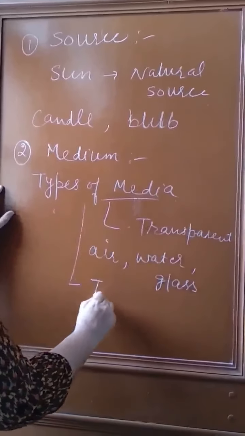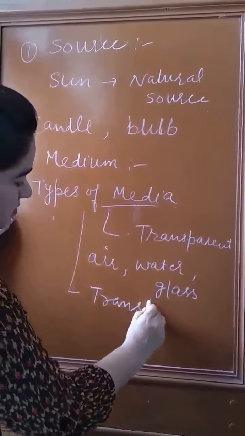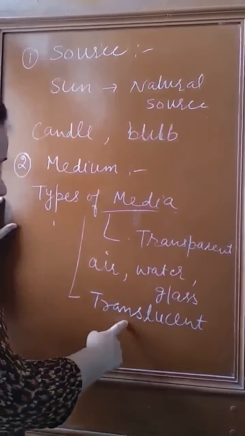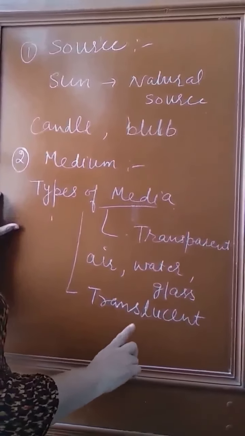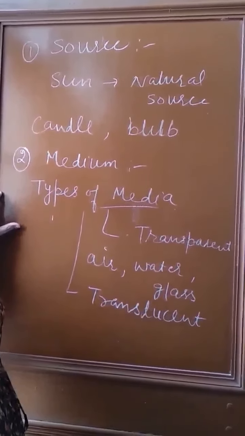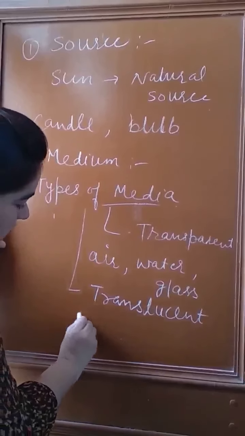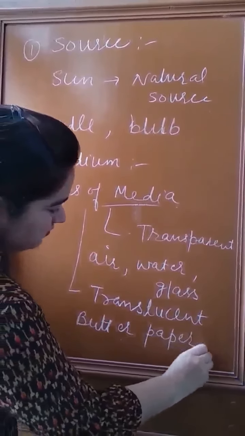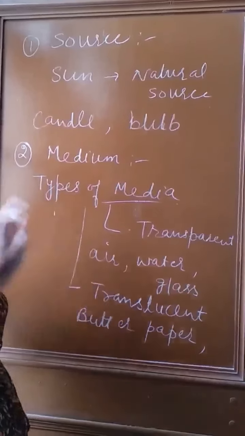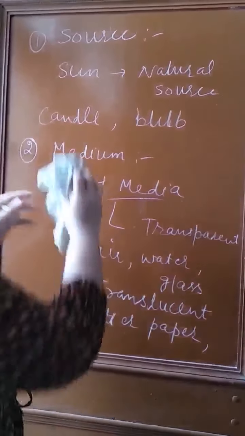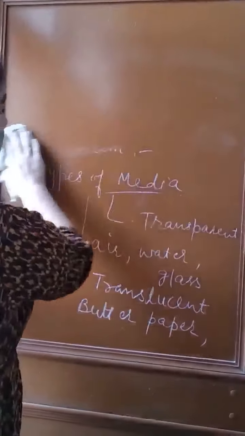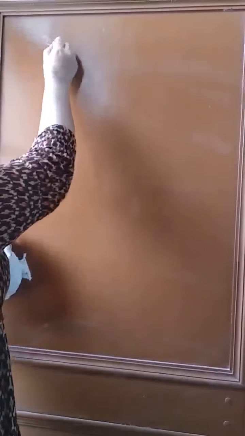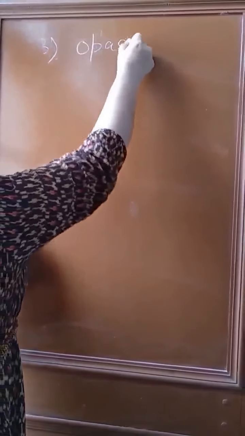Next one is translucent, through which light passes partially. Some part of light passes through the translucent materials. Examples are butter paper, ground glass, etc. Now next is opaque objects.